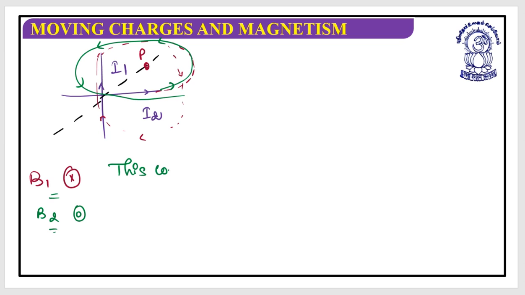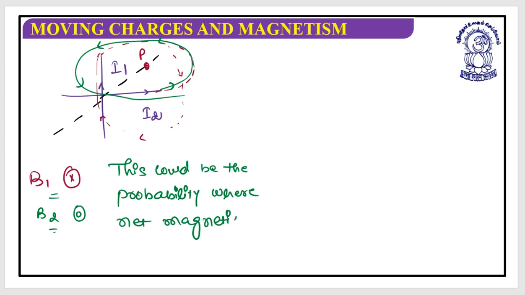So as one of the vectors is inside the plane and one is outside the plane, this could be the possibility where the net magnetic field will be 0. So this could be the case for sure, and this can be done.